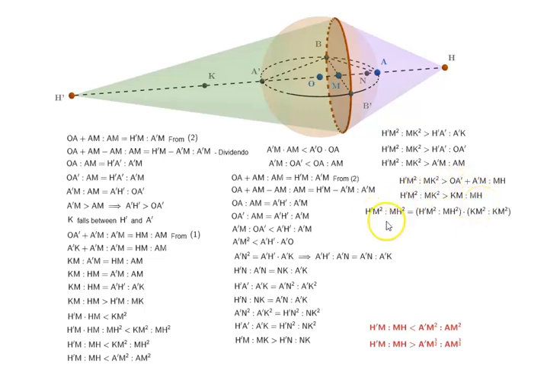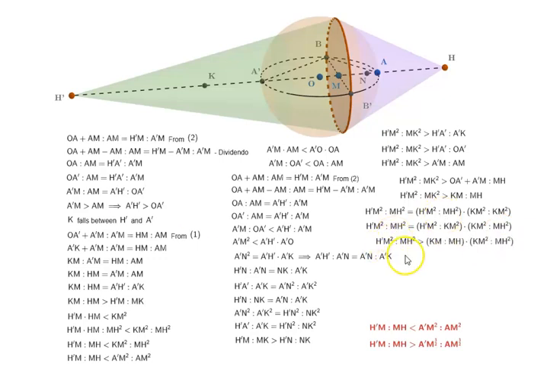Now H'm square is to mH square can be written as H'm square is to mH square times km square is to km square. So basically, we are multiplying and dividing this ratio with km square, and this can be rearranged in this form: H'm square is to km square times km square is to mH square.